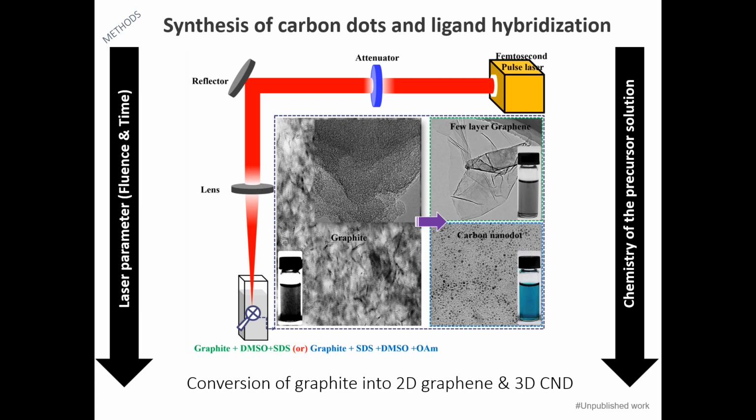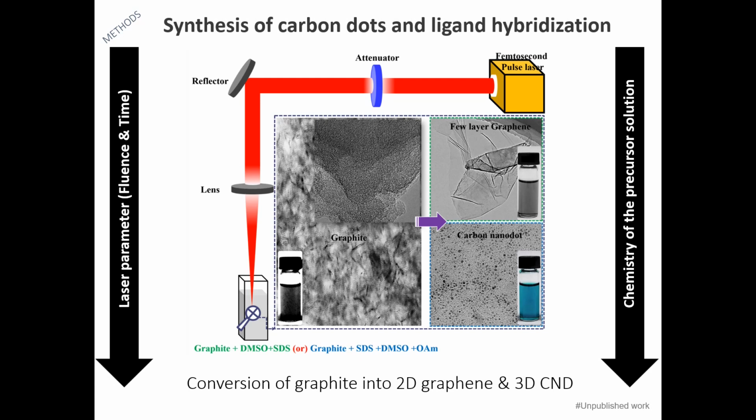Then we obtained different materials. For example, here we got few layer graphene from the graphite, with DMSO and SDS, at a particular laser fluence and time, and we change the chemistry of the precursors. We use the same graphite as the initial material, but we change the chemistry in it.